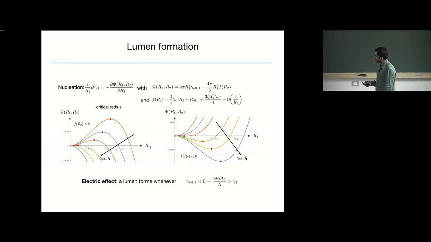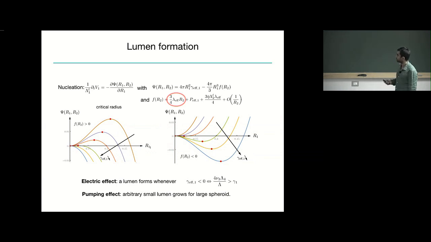So the lumen forms whenever this effective surface tension is negative. That is, the term from flexoelectricity overcomes the surface tension of the lumen. Also, the pumping effect is very important. That is, the lumen grows for large spheroid. And yeah, the pumping can also make this function positive or negative, basically.